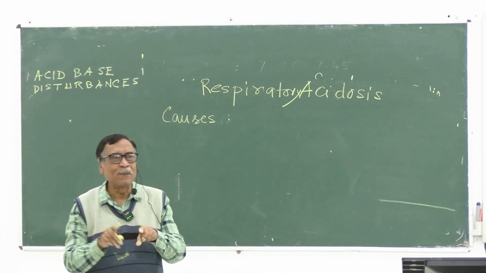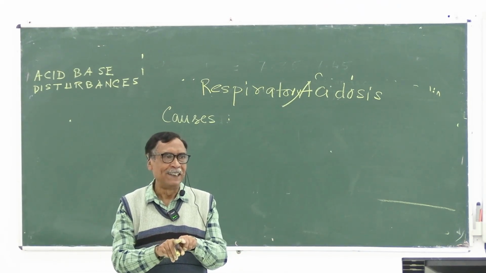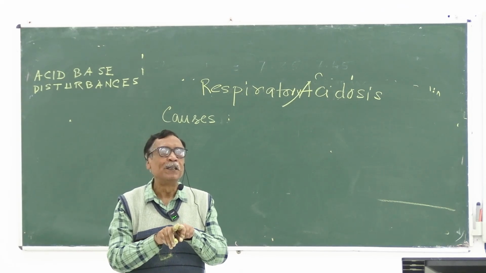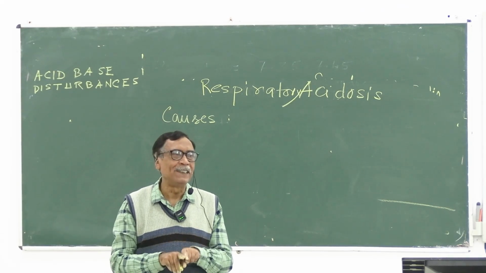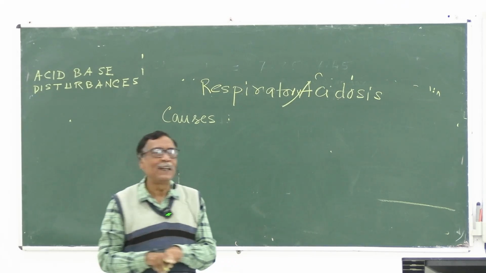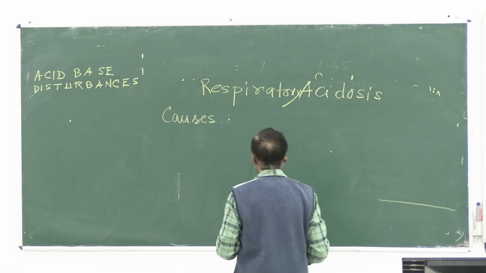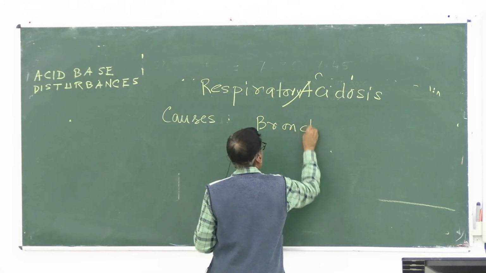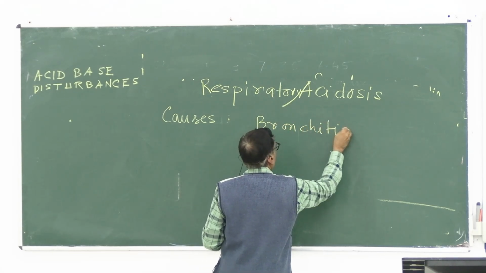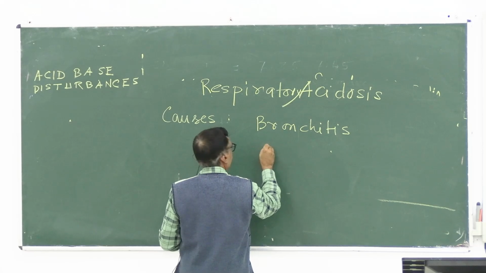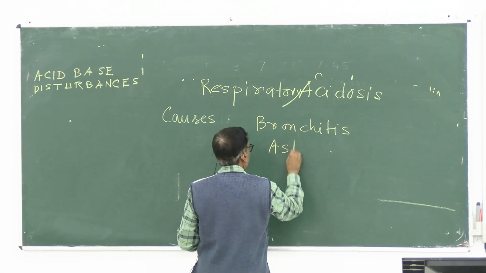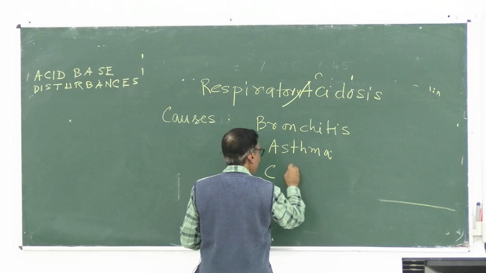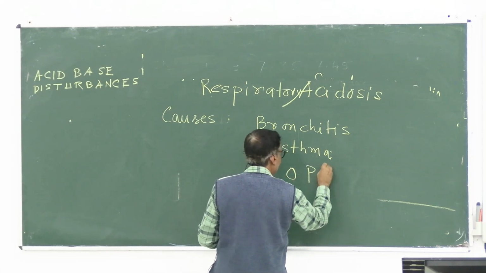Any case of carbon dioxide retention will lead to respiratory acidosis, and that occurs in chronic bronchial asthma, bronchitis, COPD. COPD means chronic obstructive pulmonary disease.